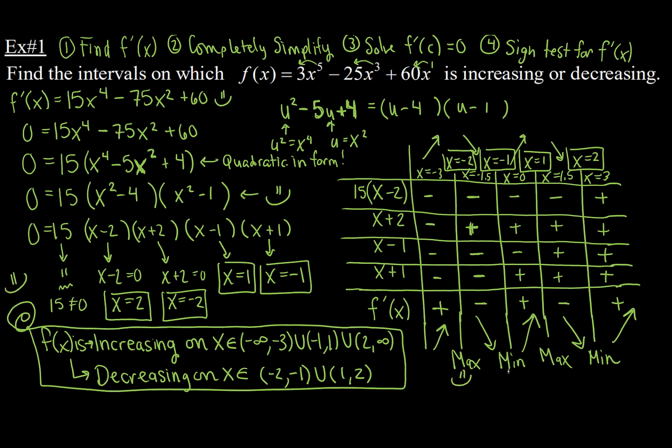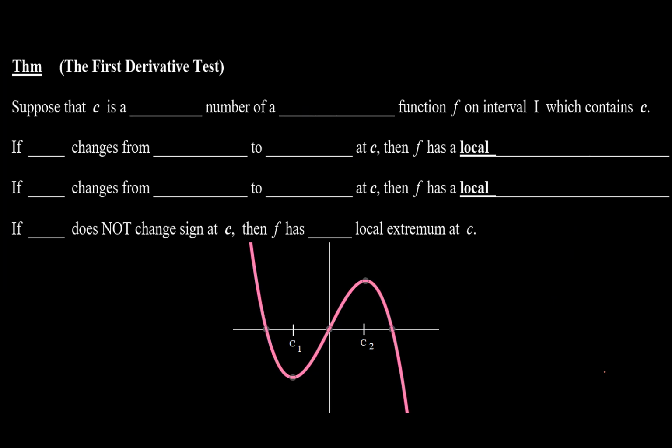Now, this max and min stuff we haven't touched yet, but we're going to use that decreasing stuff to give us some information. Let's look at the theorem of the first derivative test. Suppose that c is a critical number of a continuous function f on interval I which contains c.